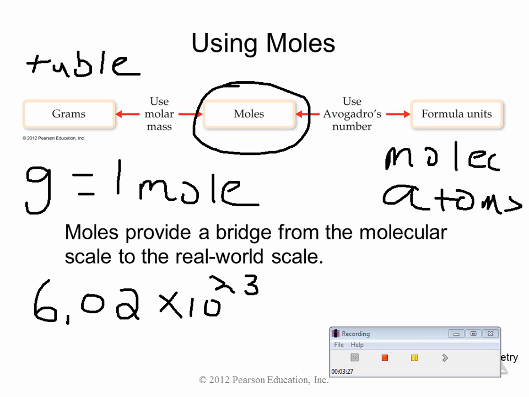If I had a mole of particles, whether it be a formula unit if it's ionic, if it's molecular, or if it's a single element, it would be composed of atoms, 1 mole would always equal 6.02 times 10 to the 23rd of those particles. Just like a dozen is always equal to 12 every time.